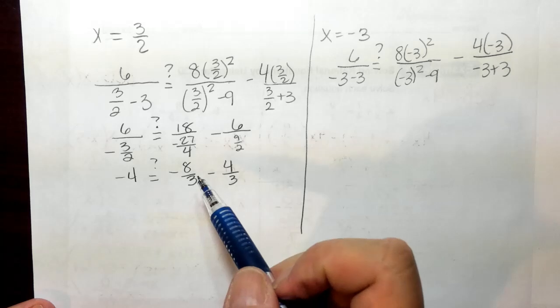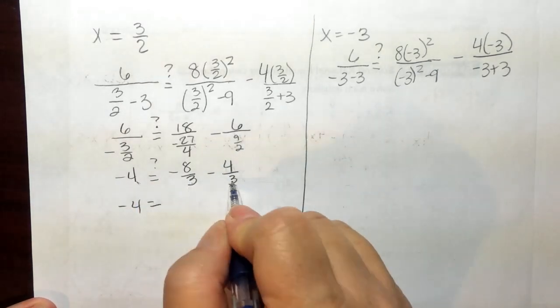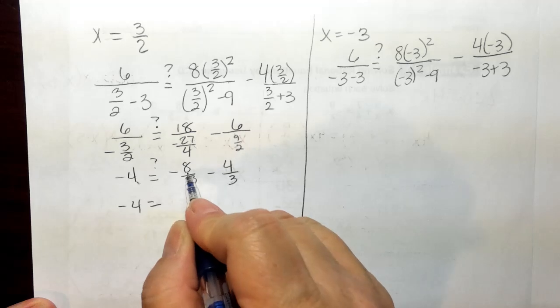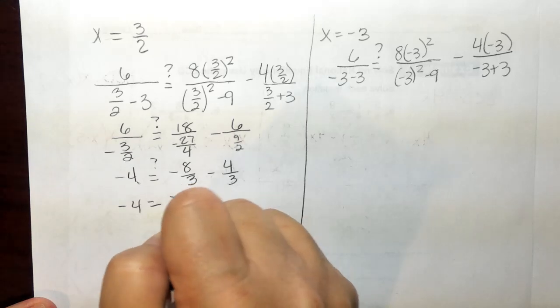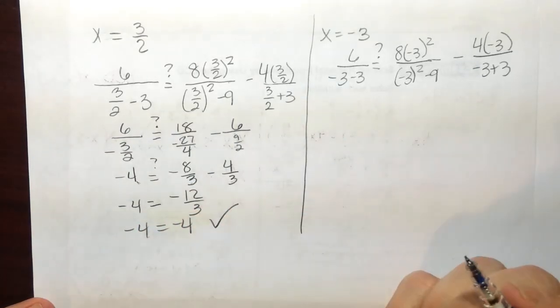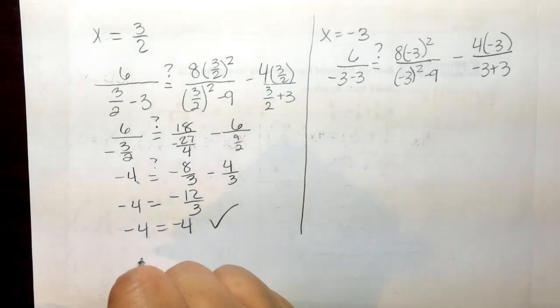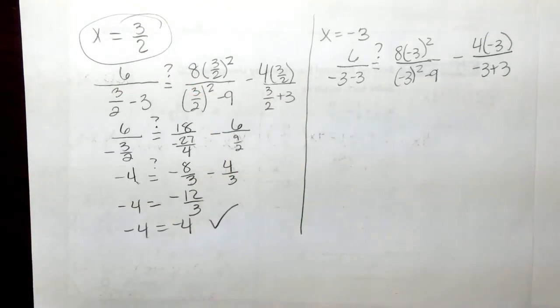All right, anyways. So we got negative 4 here. And then these are alike, so I can subtract negative 8 minus 4, which gives me negative 12 over 3. So negative 4 equals negative 4. So this solution does work. Okay, so x equals 3 halves is a solution.